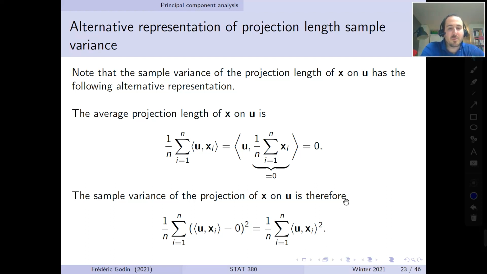As we mentioned earlier, we defined the problem in terms of the average squared projection length, but this is equivalent to the sample variance of the projection length. Some textbooks might define the problem in terms of maximizing the average squared projection length, and others might instead use the variance of projection length, but because of this relationship, both statements of the problem are equivalent and lead to the same solution.